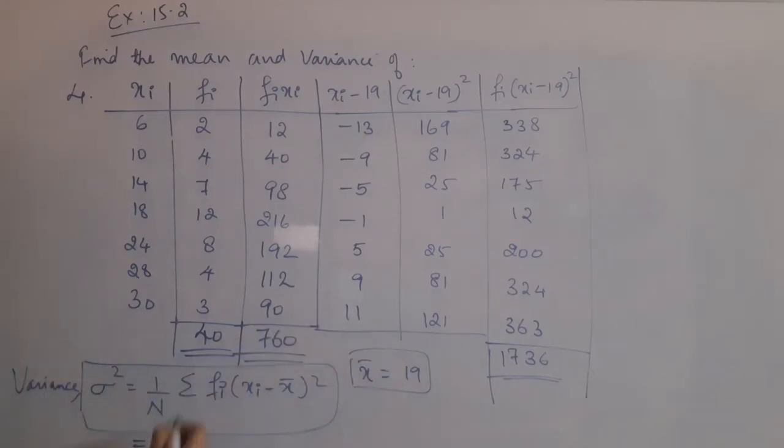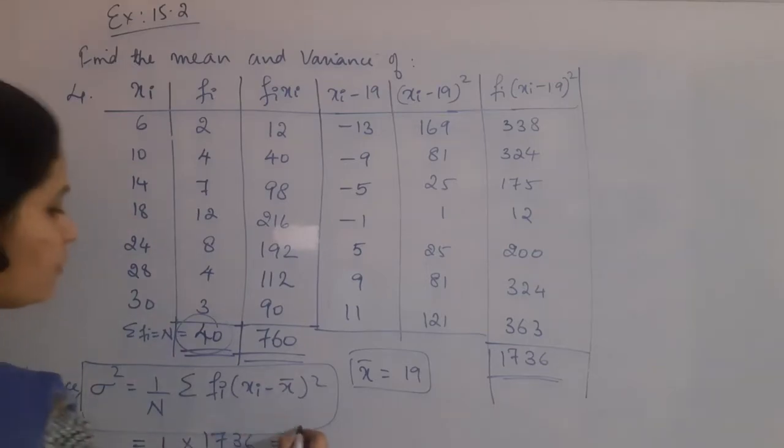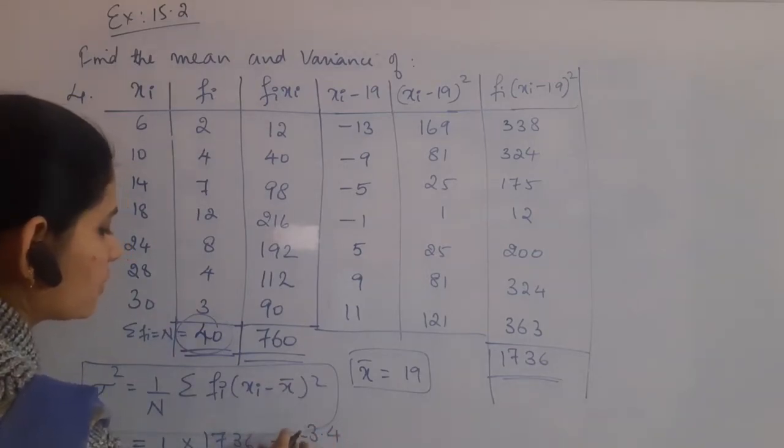Sigma Fi is your capital N, so it is 40. So 1 by 40 into the value of this, 1736. How much you will get? 1736 divided by 40 will give you 43.4.